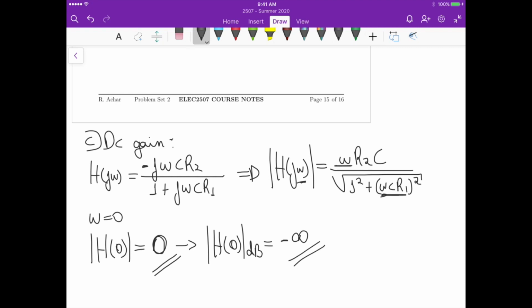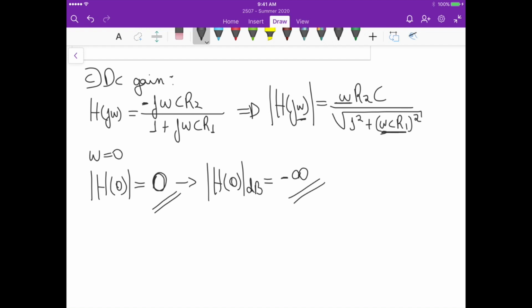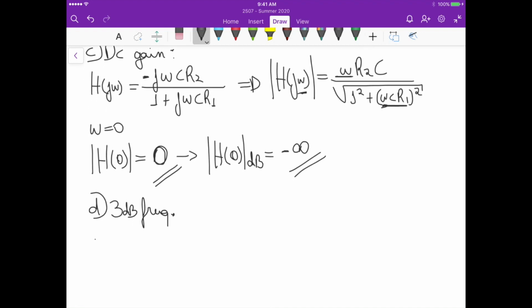Now for part D, we have to calculate the 3 dB frequency. So for part D, 3 dB frequency. Okay. And for the 3 dB frequency, we can still keep the same representation that we had before for the H of j omega, right?